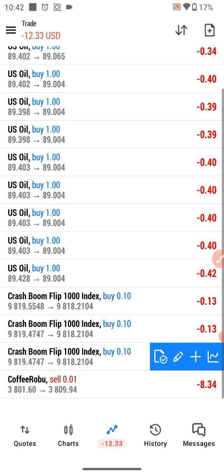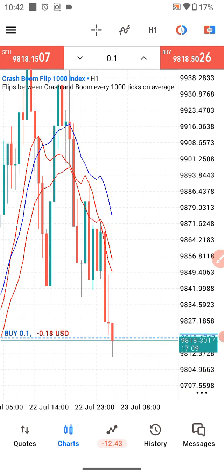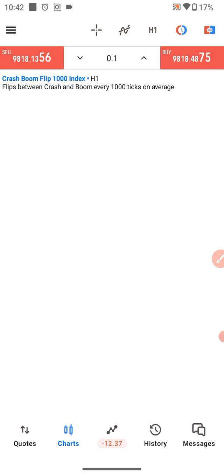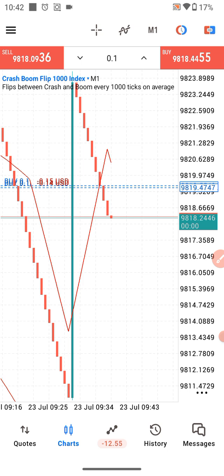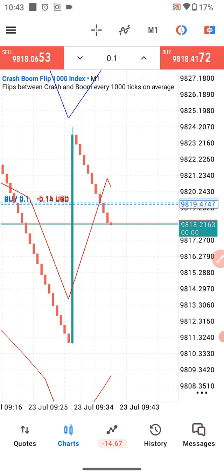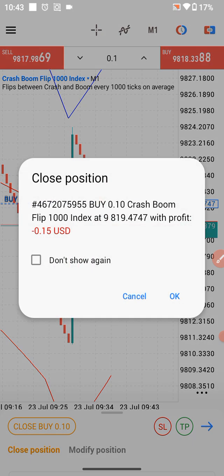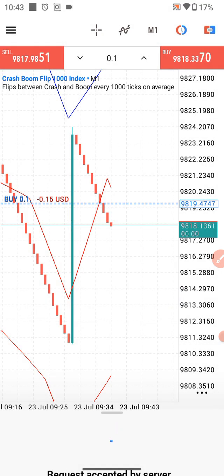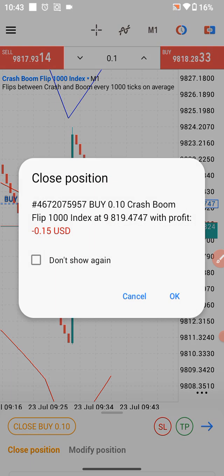Crash Boom Flip 1000 has just spiked. It has spiked to the downward side. Okay, I see what is happening here. This market moves down naturally, so instead of buying up, I'll just sell down, because I want to trade something that yields instant profit.